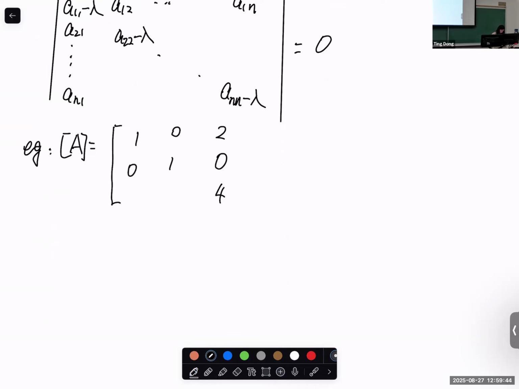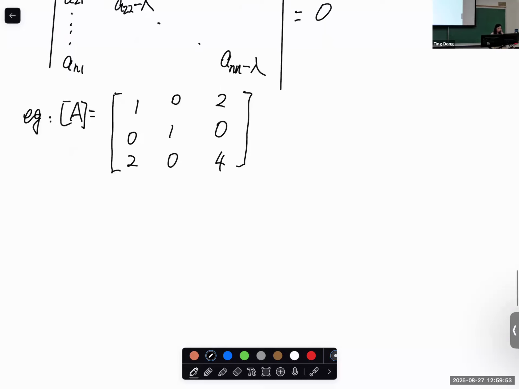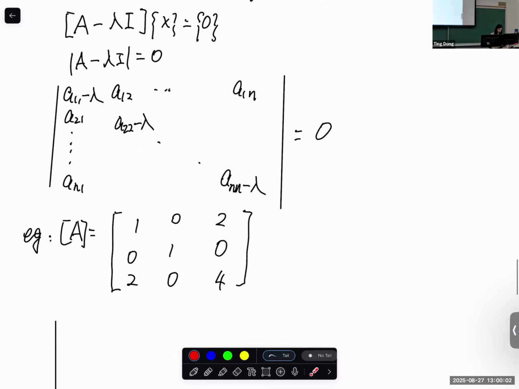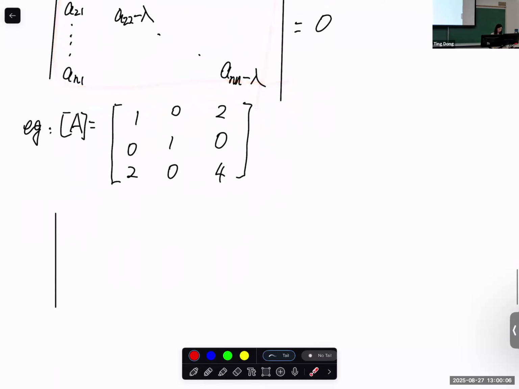I put many 0 components here to simplify our calculation. But even if it's non-zero, we still can do it by hand calculation. To find the eigenvalues of the 3 by 3 matrix, we need to write A minus lambda times I, make the determinant equal 0, calculate the determinant and solve for lambda.